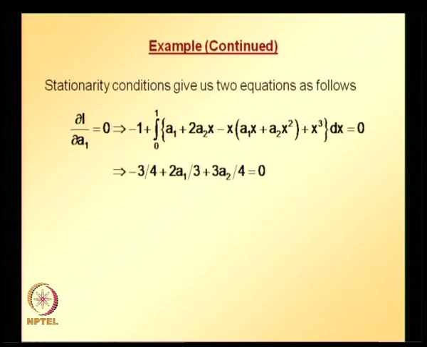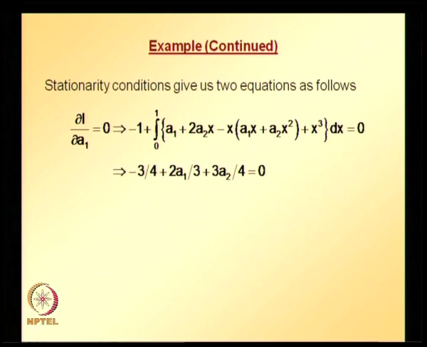And what we have is variation of I is equal to 0, that is possible only if the partial derivative of I with respect to the unknown coefficients is equal to 0 independently.